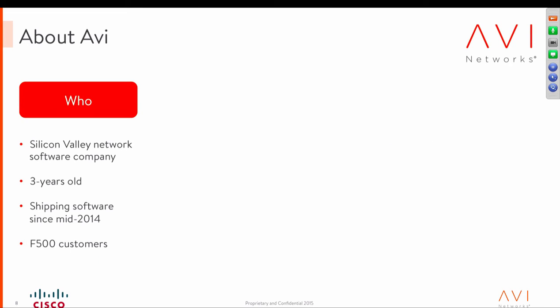I'll spend a couple of minutes on what Avi is and then talk about the joint solution. So Avi is a Silicon Valley network software company. It's about 3 years old. However, we've been shipping software since the middle of last year, and we have multiple Fortune 500 customers. What does Avi do?